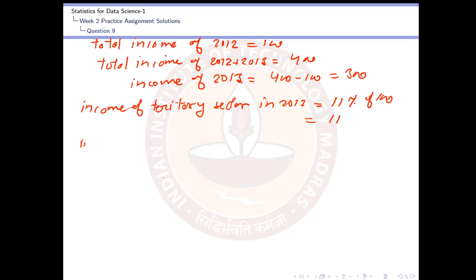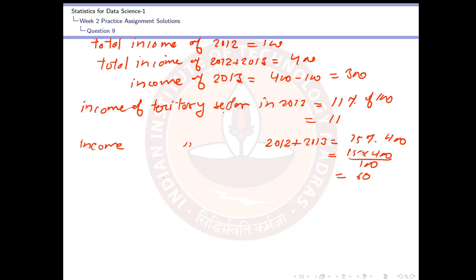Income of territory sector in 2012 plus 2013 is given as 15% of 400 in the pie chart. That will be 15 into 400 divided by 100, which is 60.